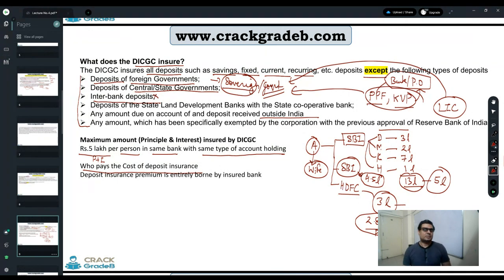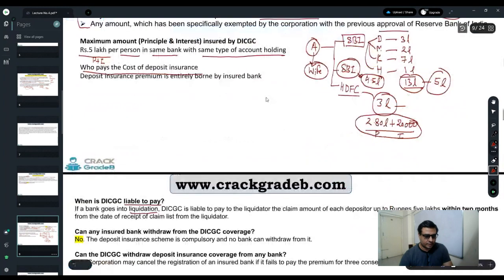So wherever you purchase insurance from LIC, there is not going to be any kind of default. That is why people say invest in LIC, right? But now you can see that this year LIC is also going to enter the market. Let's see how things are going to change, right? So this is all about DICGC.